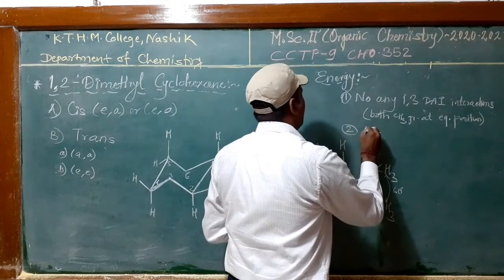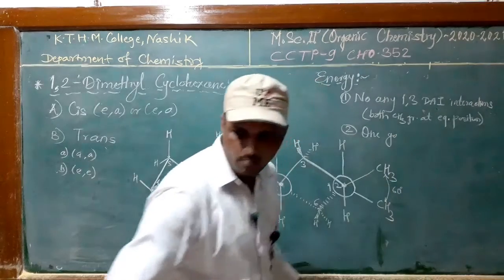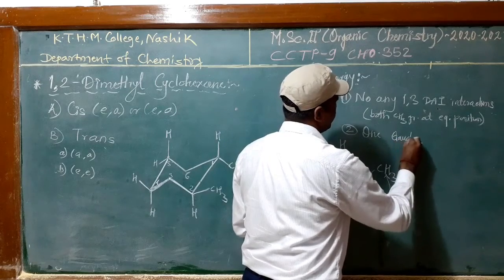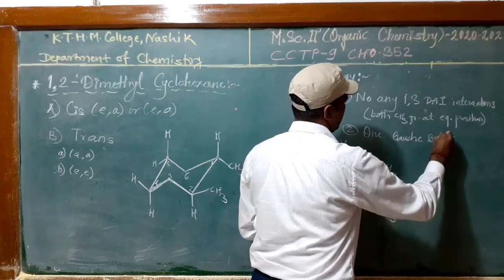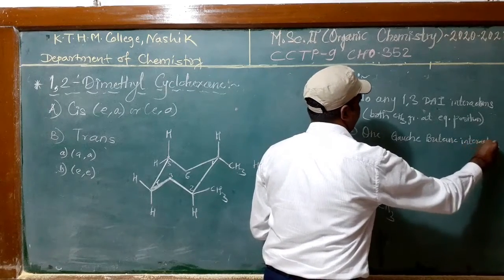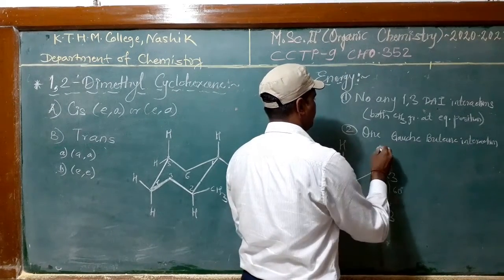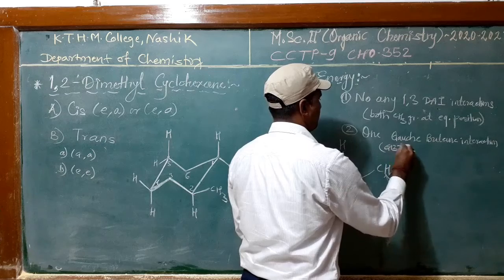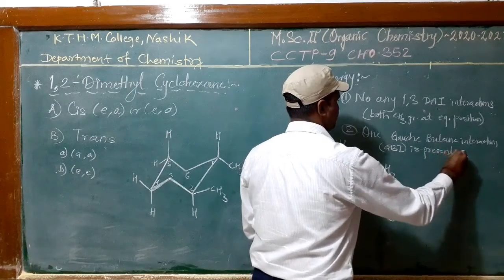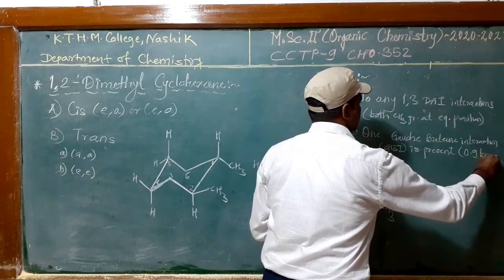So one gauche butane interaction is present in this conformation, which corresponds to energy 0.9 kilocalorie per mole.